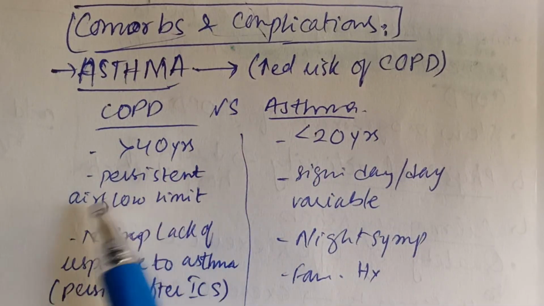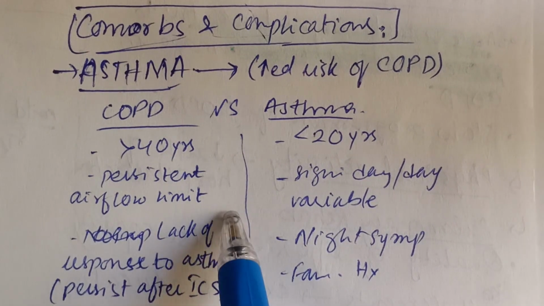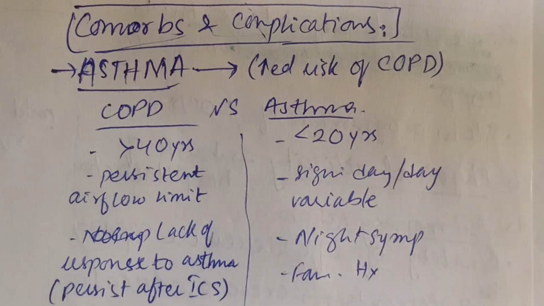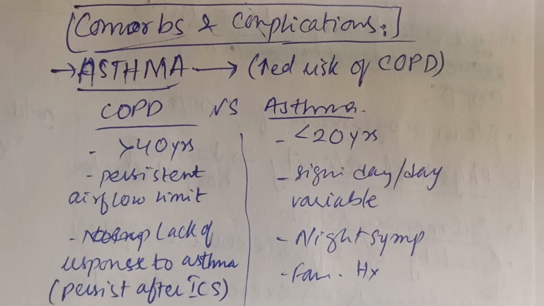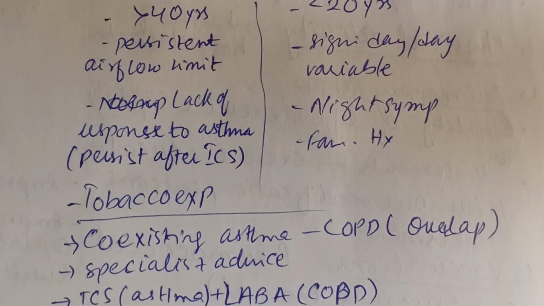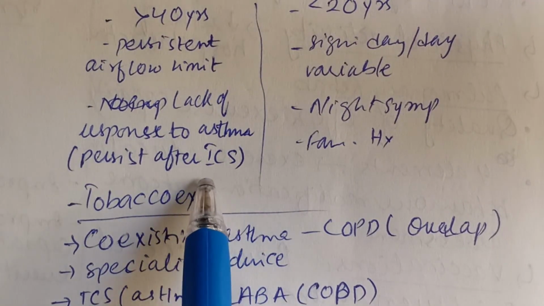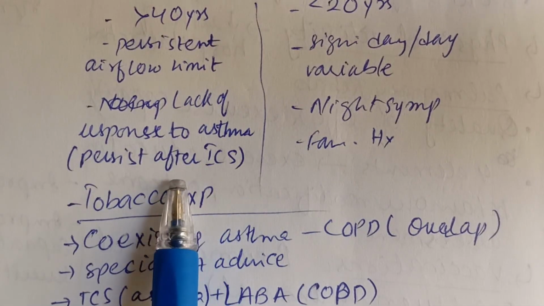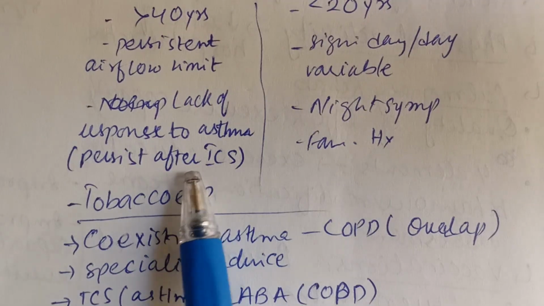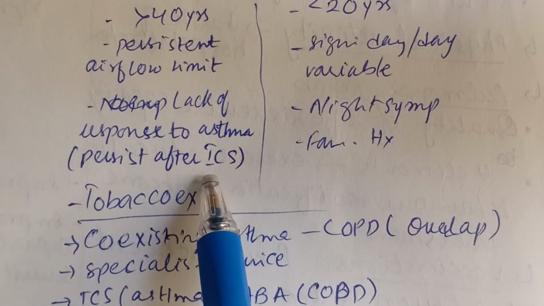In COPD, there is persistent airflow limitation, while in asthma, there is variable airflow limitation day to day. COPD patients lack response to asthma treatment. That's why inhaled corticosteroids are not recommended as first line in COPD patients, while in asthma they are a recommended therapy.